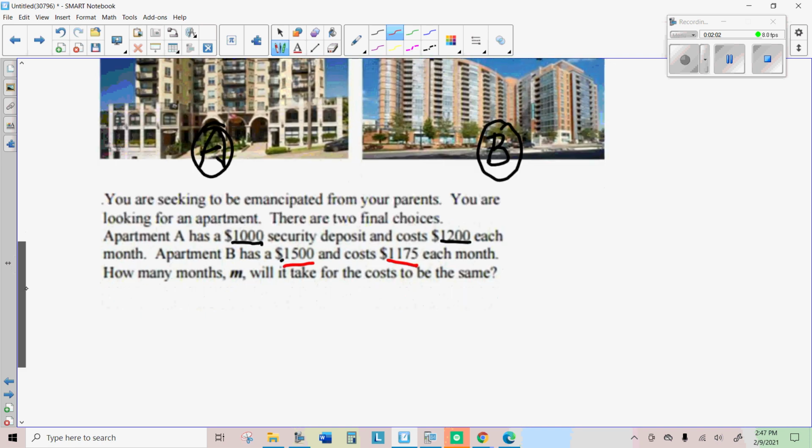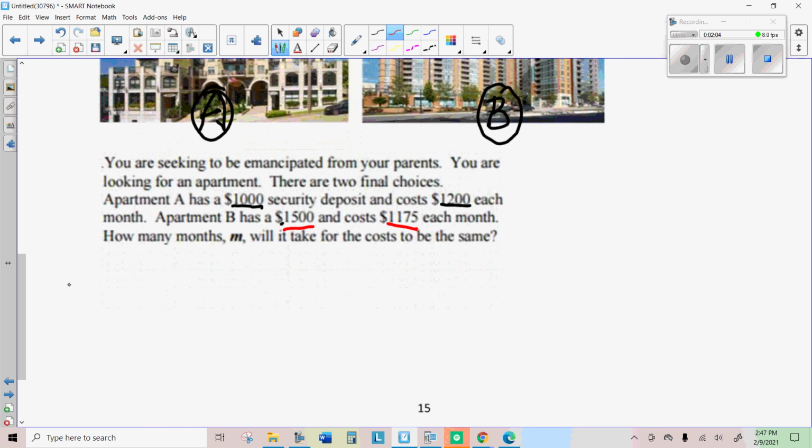If you're only going to stay there a short amount of time, then you probably want the smaller security deposit and paying a little more each month. But if you're going to stay there for a long time, then you probably want to pay a little bit less per month because eventually the extra cost of the security deposit will be outweighed by that.